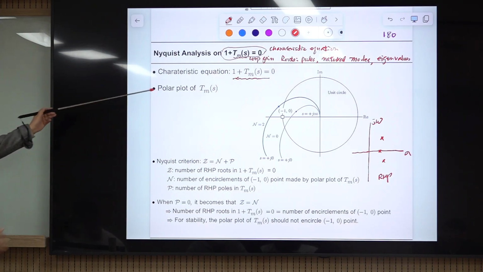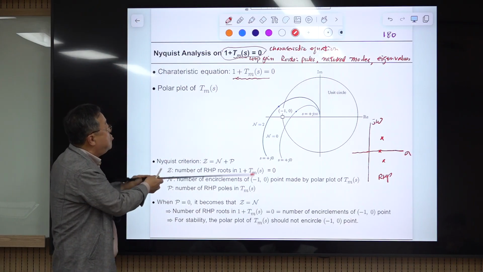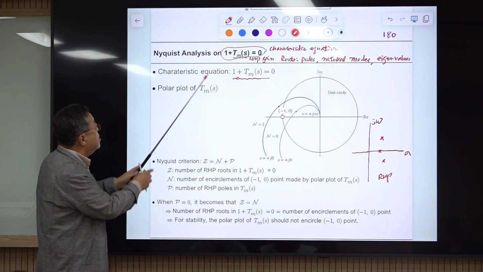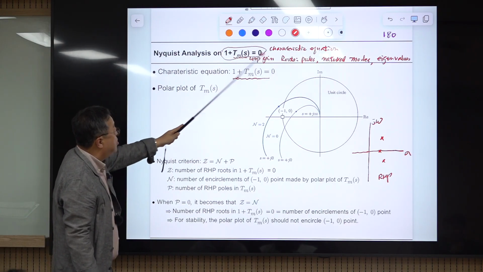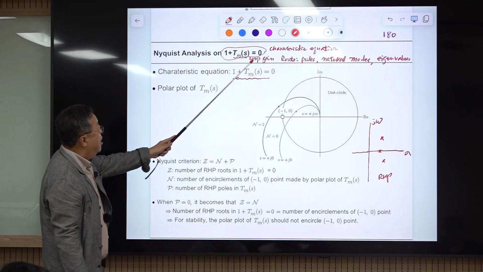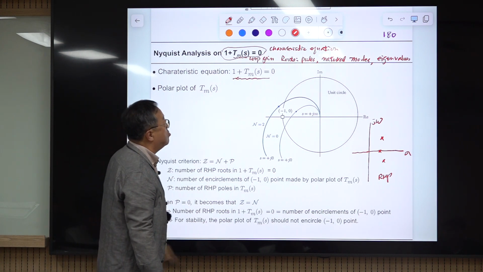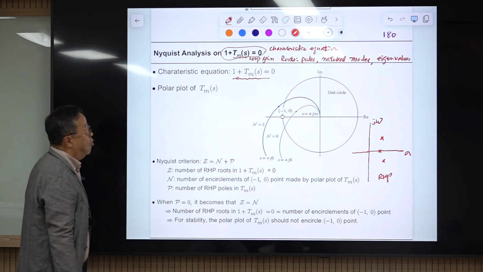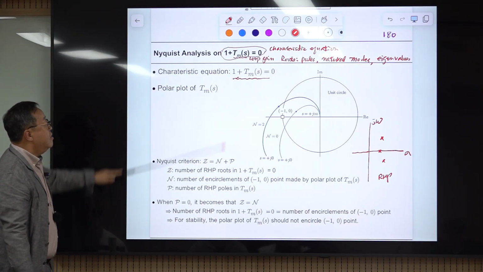Originally, it was a purely mathematical problem, but somehow we are making use of it to analyze our feedback system. Then this becomes the loop gain. 1 plus loop gain equals 0 becomes the characteristic equation. And the solution, or root, of this equation is called a pole, natural mode, or eigenvalue.